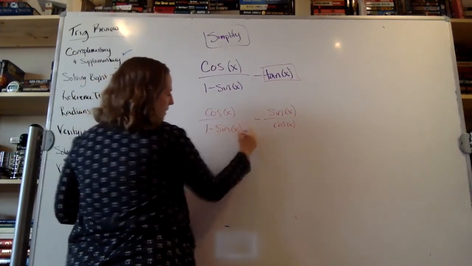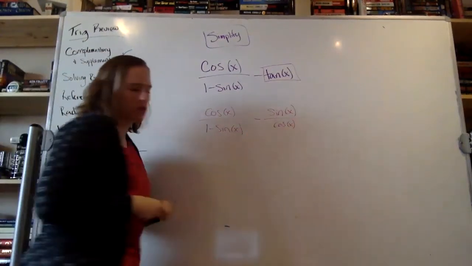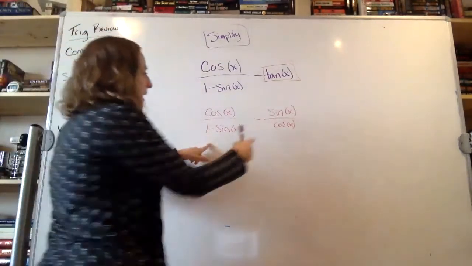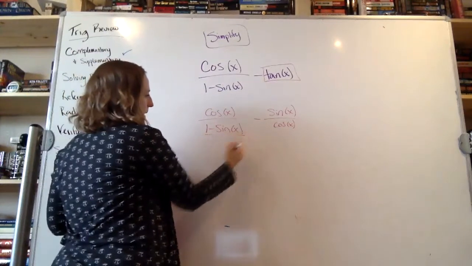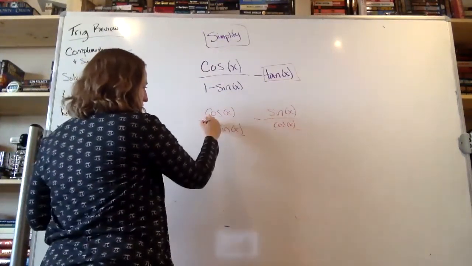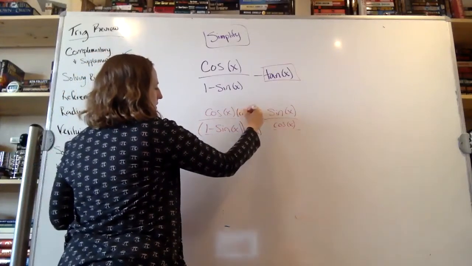Okay, so now we're here. Now notice that I have subtraction and I have fractions. That tells me that I probably need to use a common denominator to combine these into one big term. The common denominator is going to be 1 minus sine times cosine. So here, I'm missing that cosine piece, so I'm going to multiply top and bottom by cosine of x.